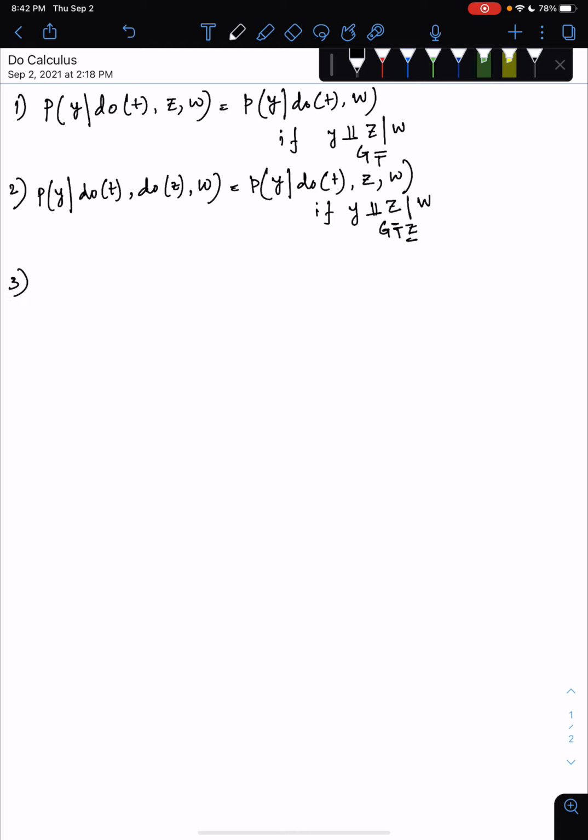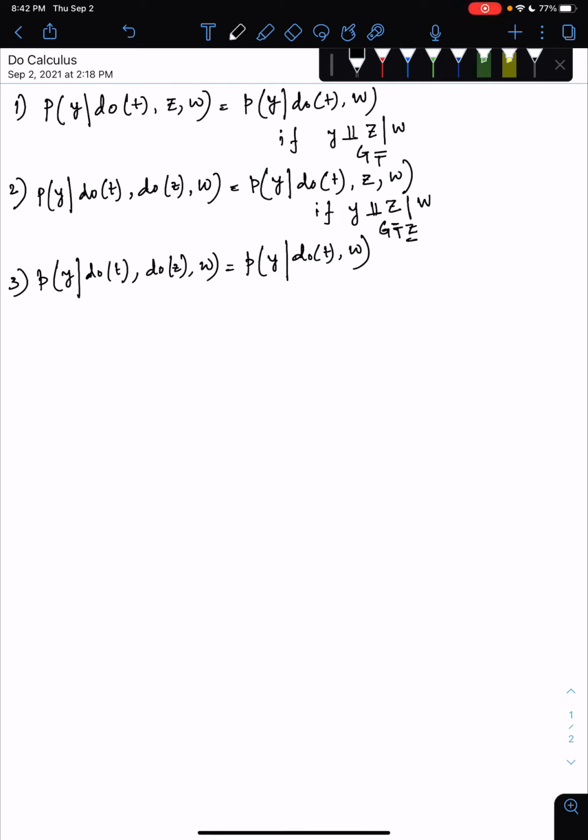And rule 3, which is the trickiest one among all these three. This is do t, do z, and w, which will equal y given do t and w.